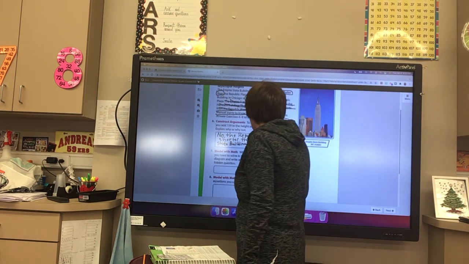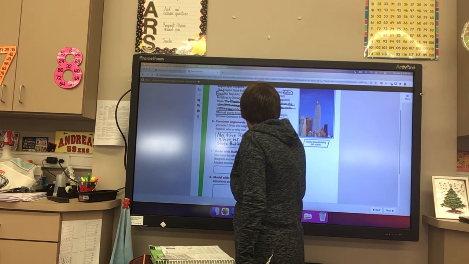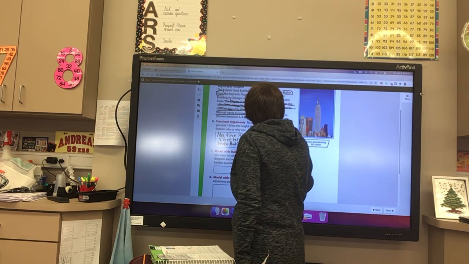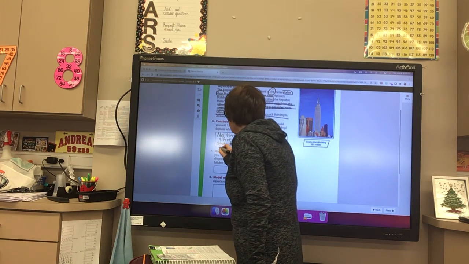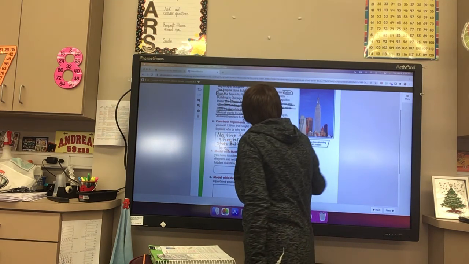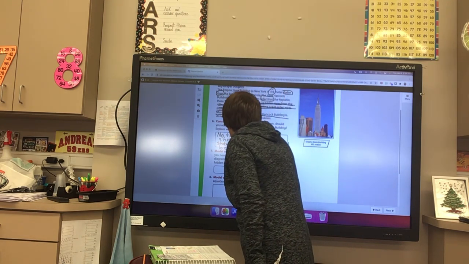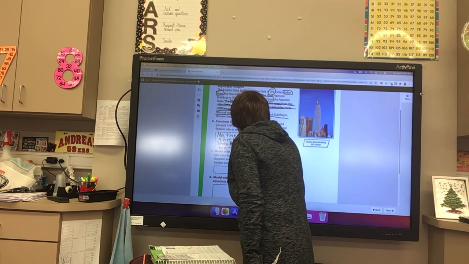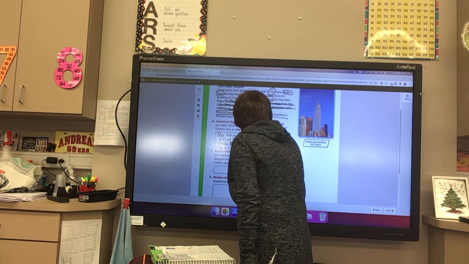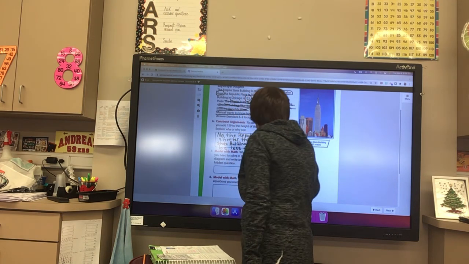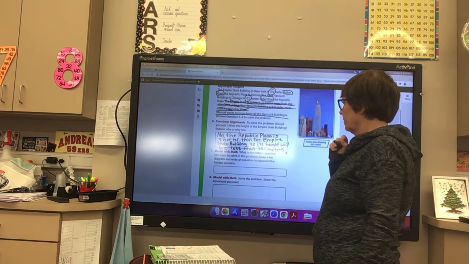So its height will be less than 381 meters. Okay, I'll give you a minute to write that.